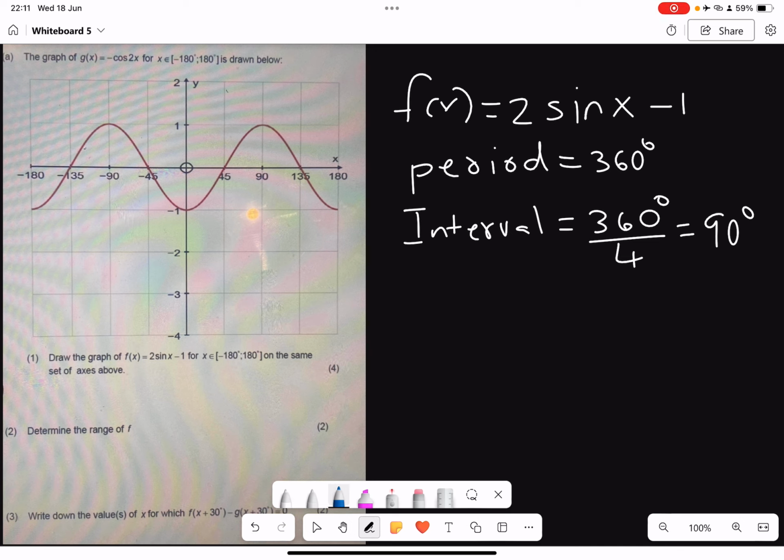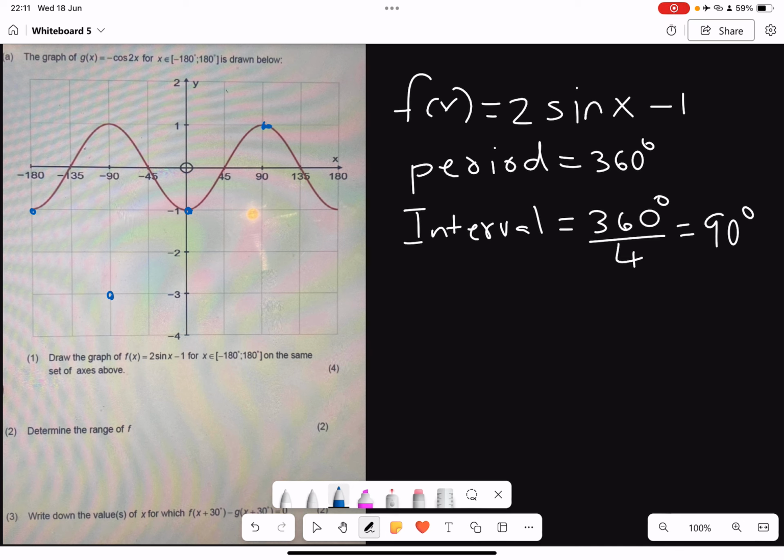I can see that negative 180 goes with minus 1, and then negative 90 goes with negative 3, all right? And then 0 goes with minus 1, which is there, right? And then 90 goes with 1, which is there, right?